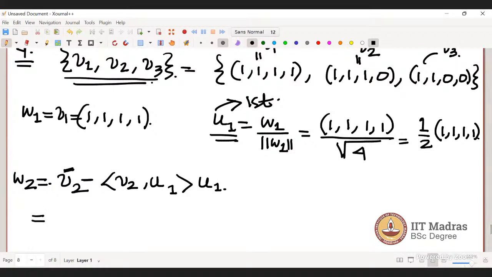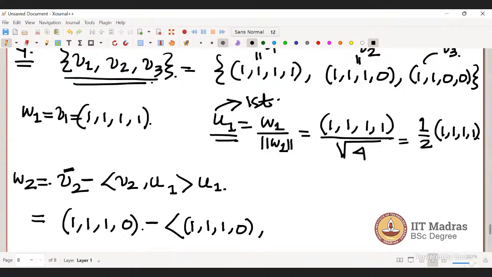V2 is 1, 1, 1, 0 minus V2 times U1, and U1 is half of 1, 1, 1, 1.